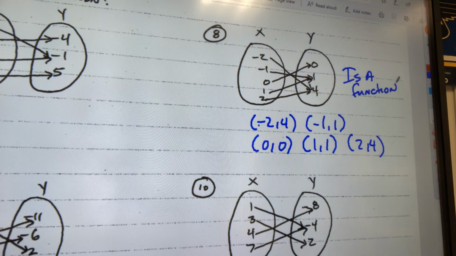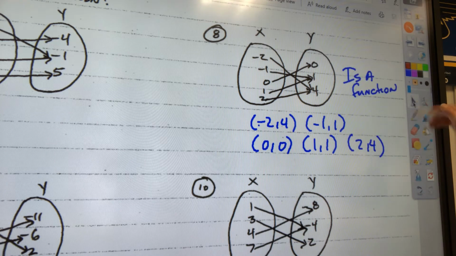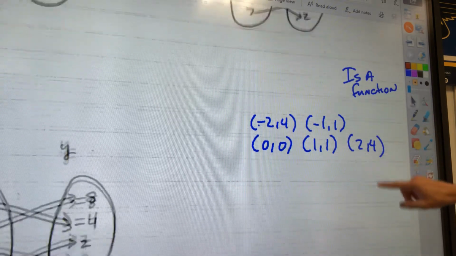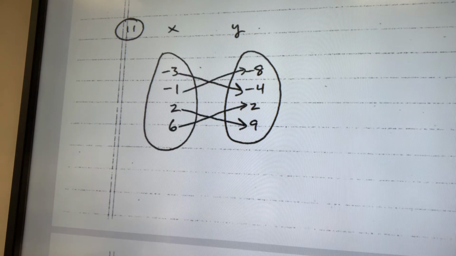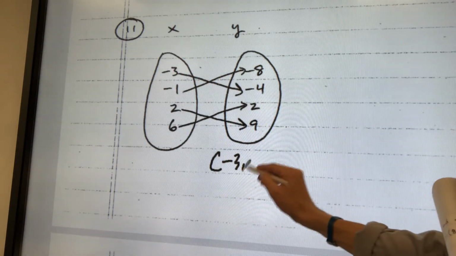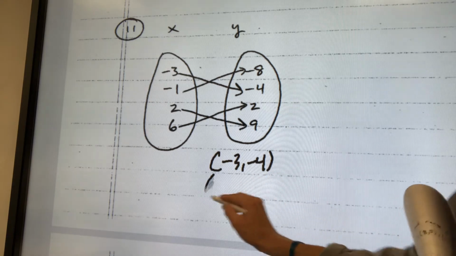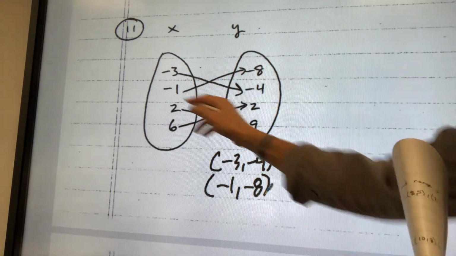All right, so let's take a look at number 11. Write the ordered pairs. -3 clearly goes with -4. -1 goes with -8. 2 goes with 9.